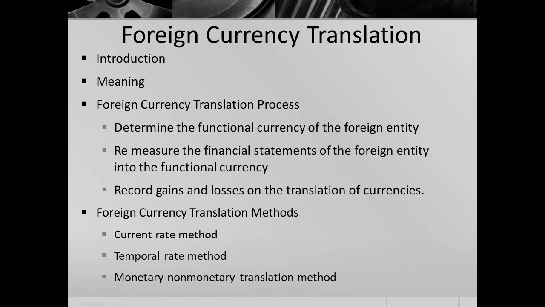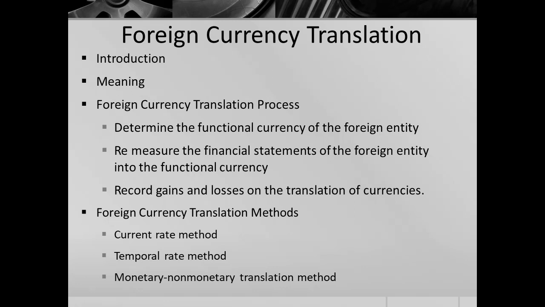Next we're going to see the foreign currency translation process. First, determine the functional currency of the foreign entity. How will we determine it? The business must determine a functional currency of reporting. The functional currency is the one which the company uses for the majority of transactions.